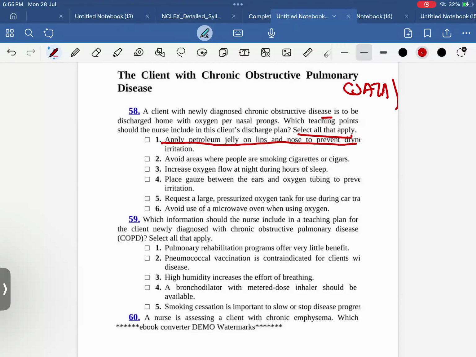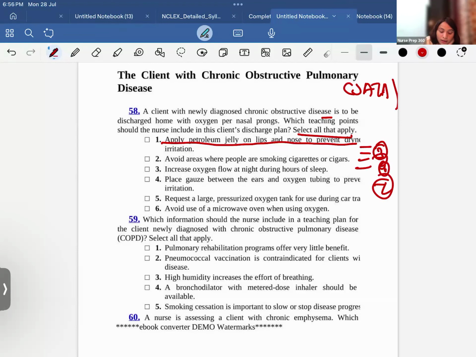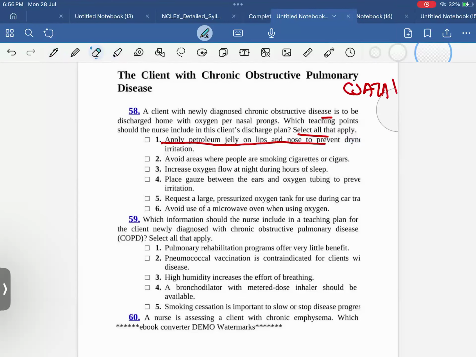I don't know. They have said that if you choose wrong, we will cut your marks. So for example, if the right answer is 3, and you chose 4 also, then you will only get 2 marks. 1 mark will be deducted for your wrong marking. Understood?